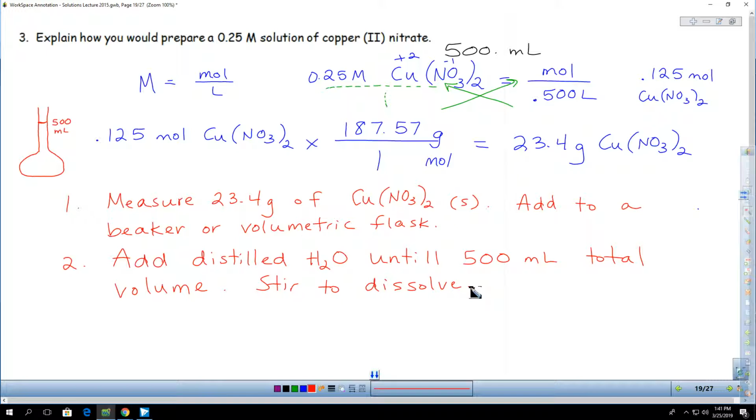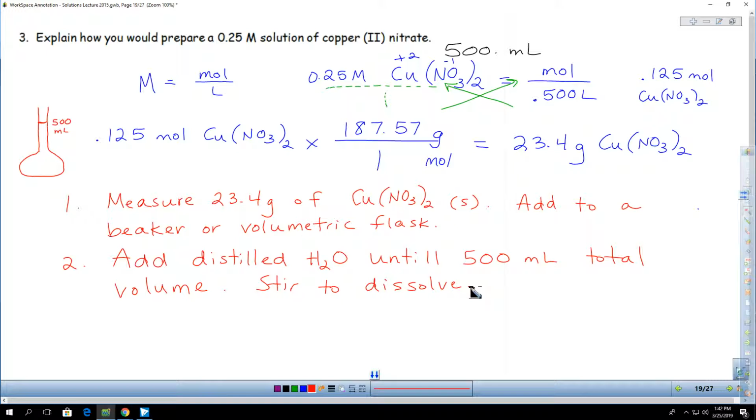There's a reason why we put the solid in the beaker first, and then we add the water. We want the final volume to be 500 milliliters exactly. So first I put my solid in, and then I add enough water until the total volume is 500 milliliters. I don't measure 500 milliliters of distilled water.